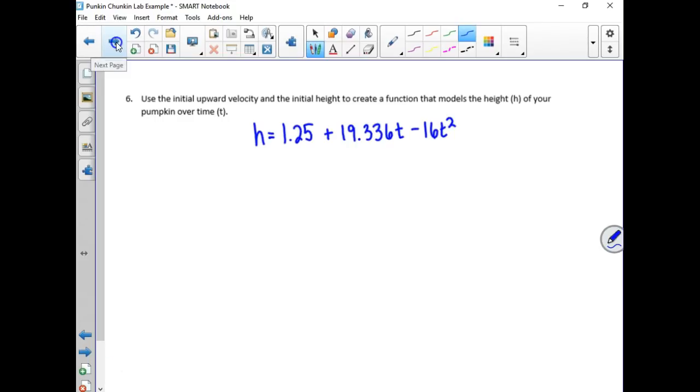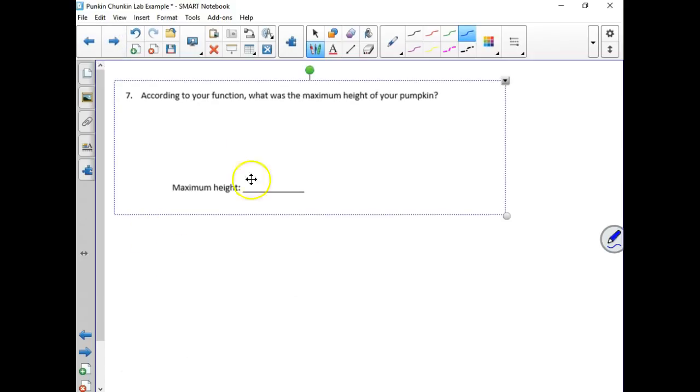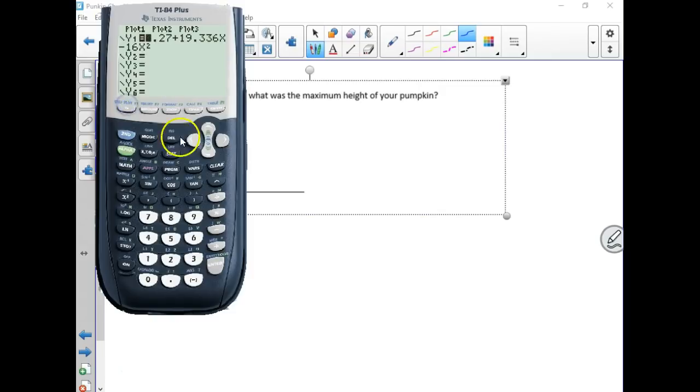So, if we go to number 7, it asks for the maximum height of the pumpkin. So we're going to go to y equals, and type in 1.25 plus 19.336x minus 16x squared, and I'm going to hit zoom 6.